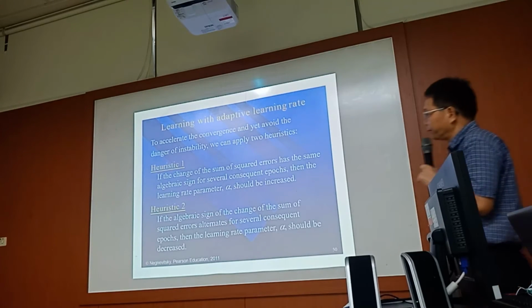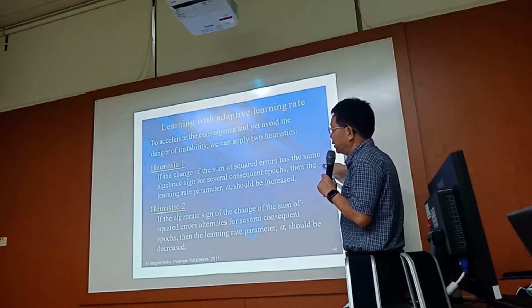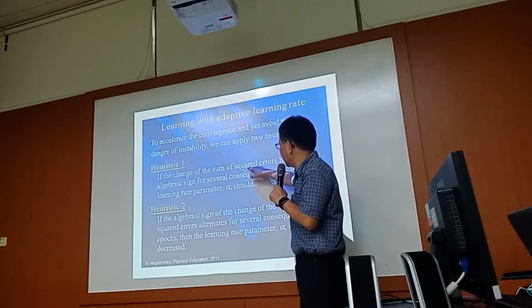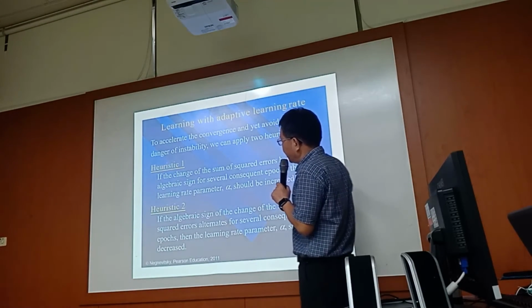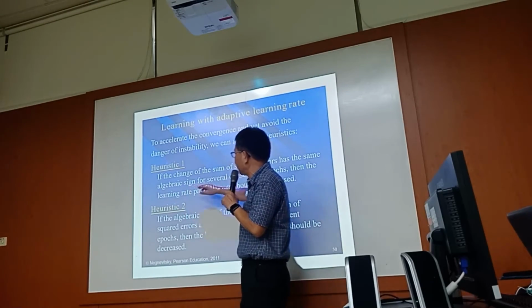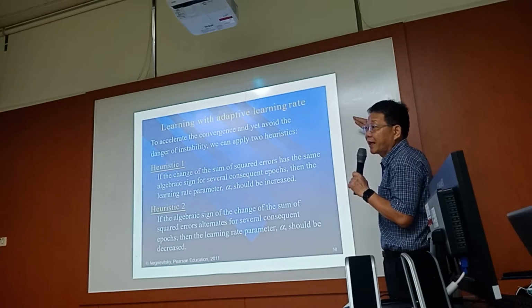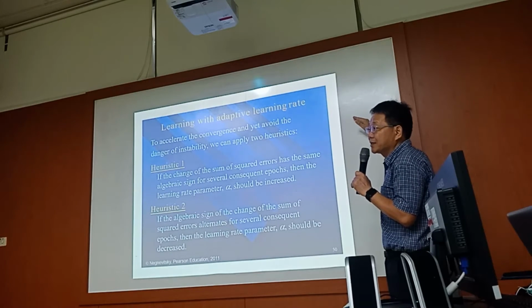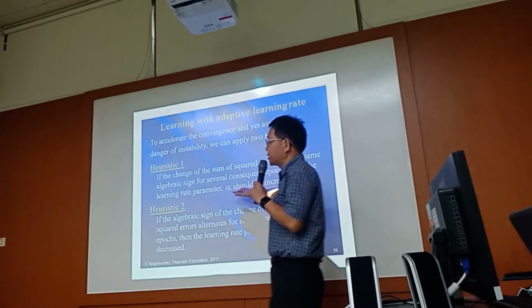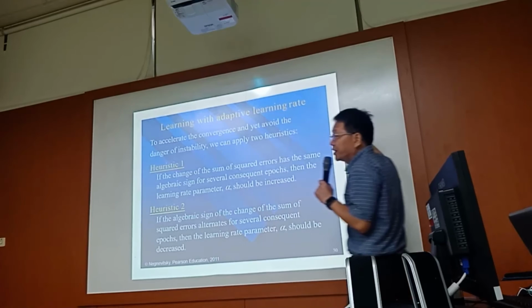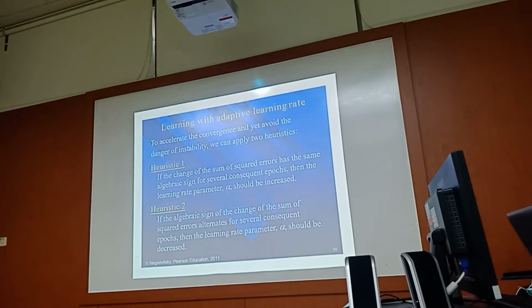So what is the meaning? Because the sum of square error has the same sign, that means it is also on one side. So at this time, you can increase the learning rate. That is quicker. That means like this figure.